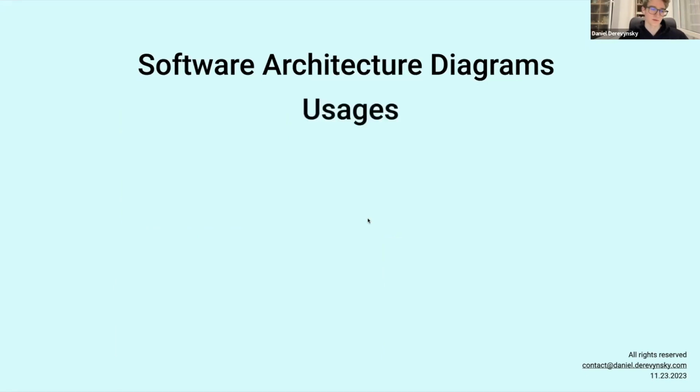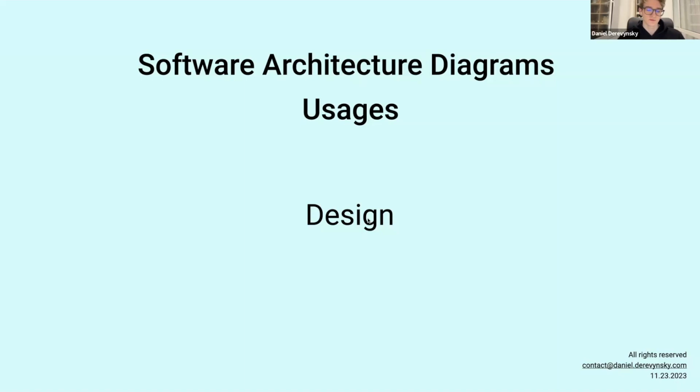Okay, so what are the usages for software architecture diagrams? I want to highlight two particular usages. In my opinion, the primary usage is for design purposes. By design, I mean when you're trying to brainstorm the way that your new service will work with existing systems.